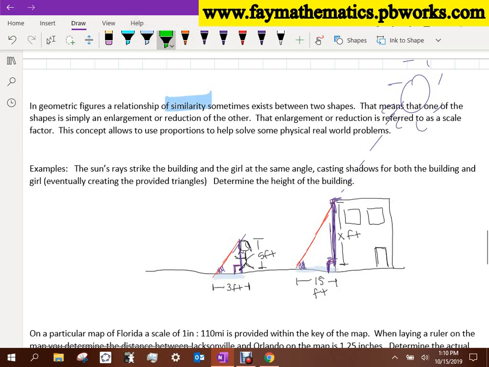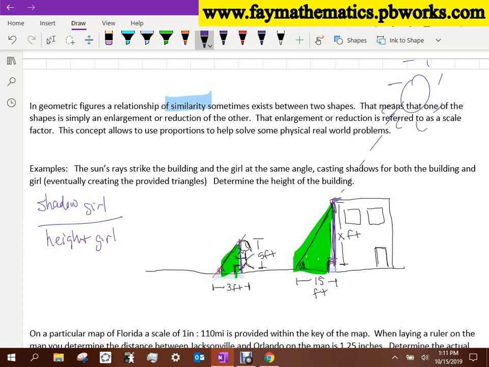But we're looking at that triangle right there and that triangle right there now. If we look at those, the argument is the shadow that is cast by the person, the shadow of the girl, compared to her height, should equate.